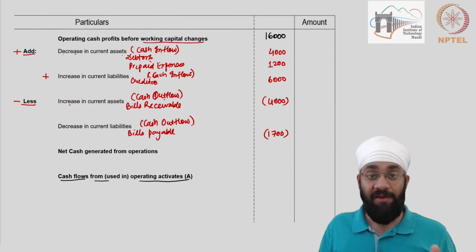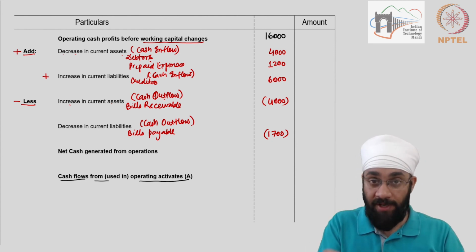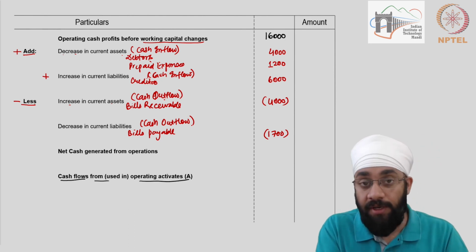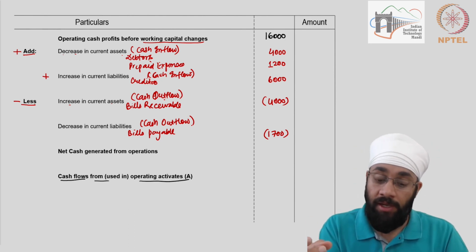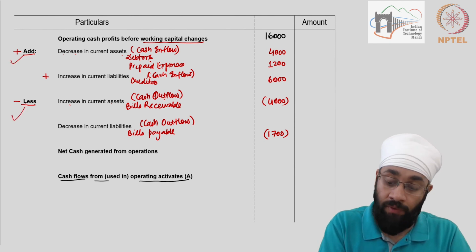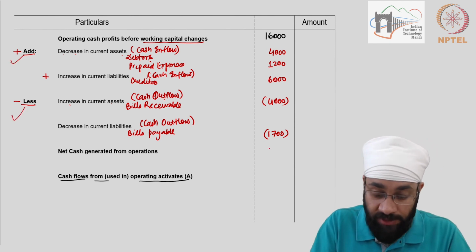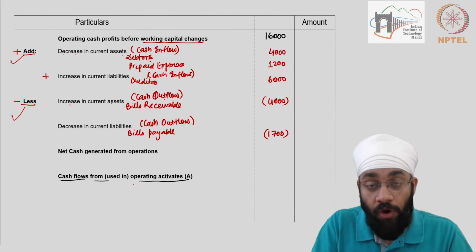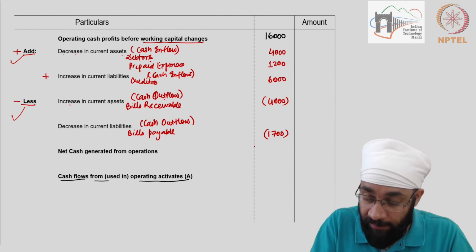That's it. Now we have adjusted for working capital changes. There were changes in the current assets and current liabilities. Some went up, some went down. Accordingly, we treated them either as inflow or outflow, and now we have adjusted those. So this number now gives us cash generated from operations, or cash flow from or used in operating activities.